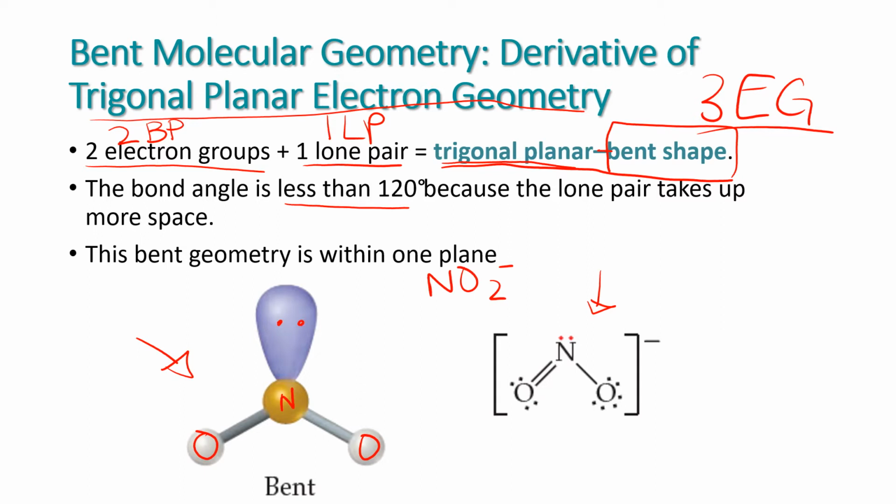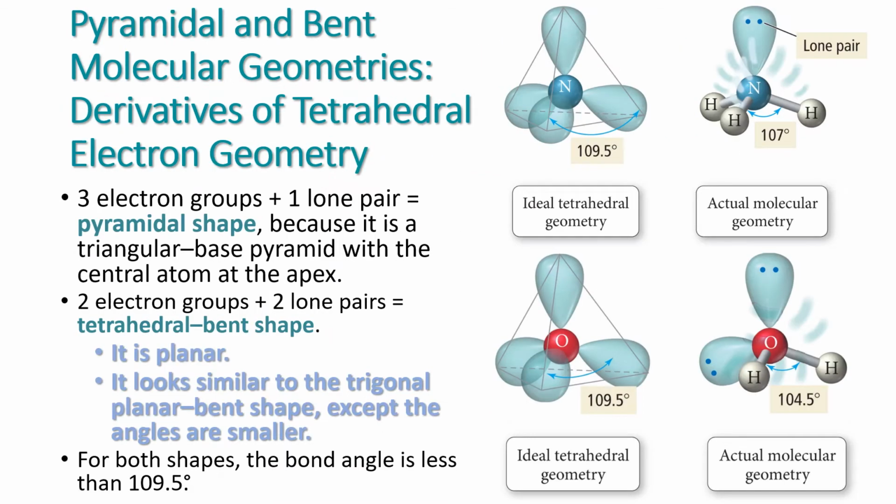And that lone pair needs a lot of space, so instead of it just being linear, that lone pair pushes those oxygens down. And instead of it just being 120 the way that trigonal planar usually is, it's going to be slightly less. So this angle right here will be less than 120 degrees. And again, it's called trigonal planar bent. It's within one plane, so it's just flat. It's just a little bent, and it has that angle to it.